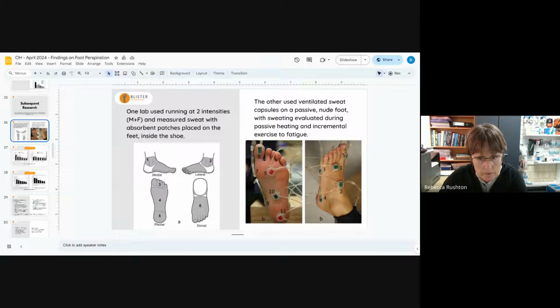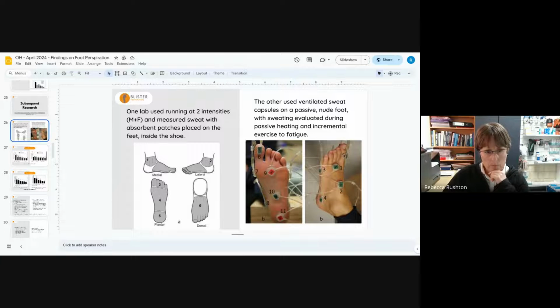And the idea was that they wanted to pool the data. So although there were different methods, they wanted to increase the number of subjects to make this more meaningful. So they designed their research so that they could pool the data.